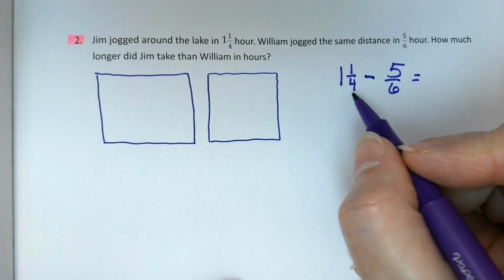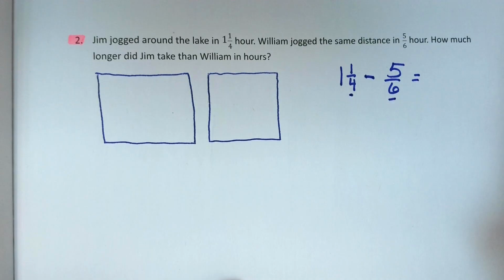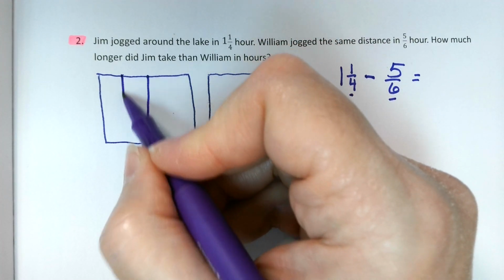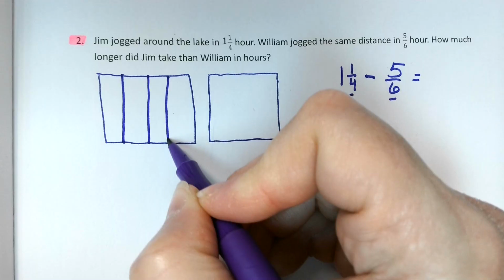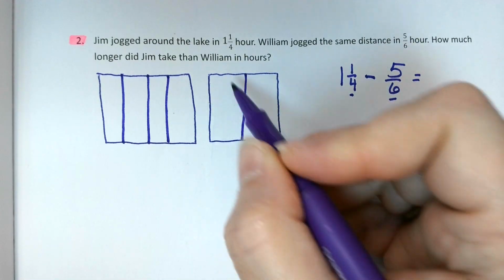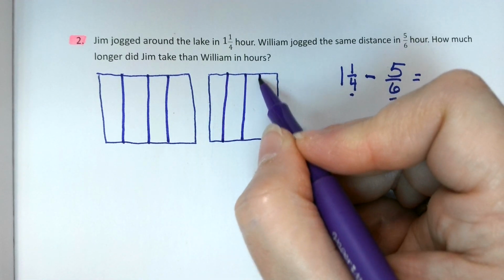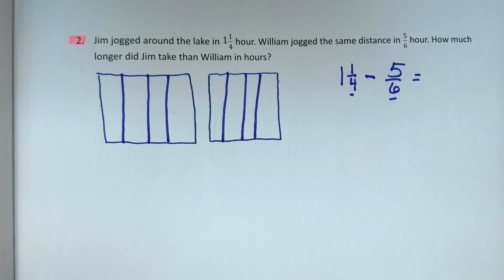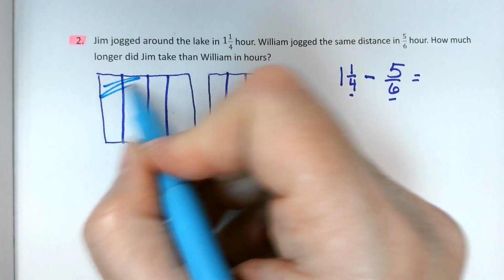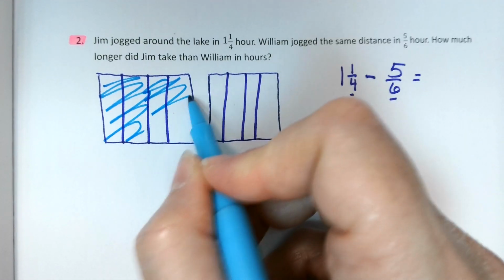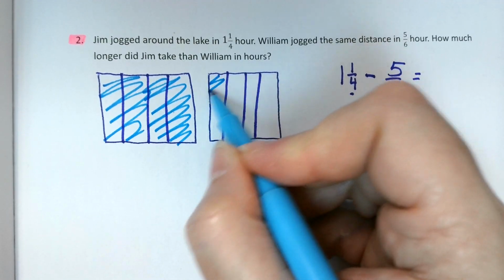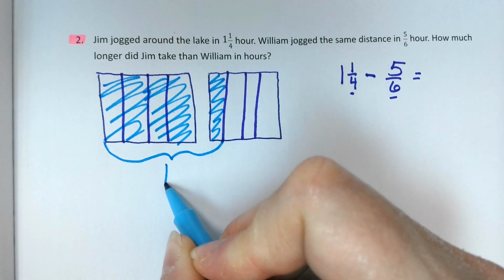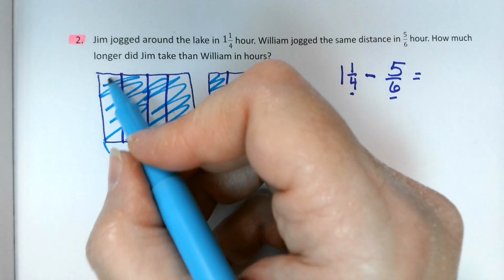So we have here fourths and sixths. So first what we have to do is we have to take our wholes and use our vertical lines to separate it into fourths. How many do I have? I have 1 whole and 1/4. This should be 1 1/4.